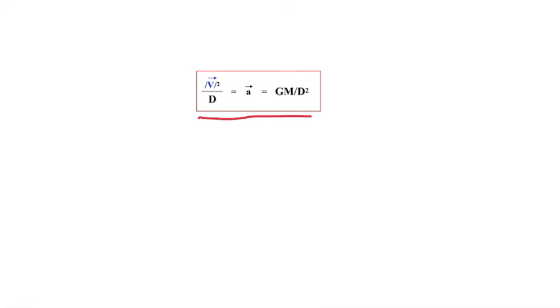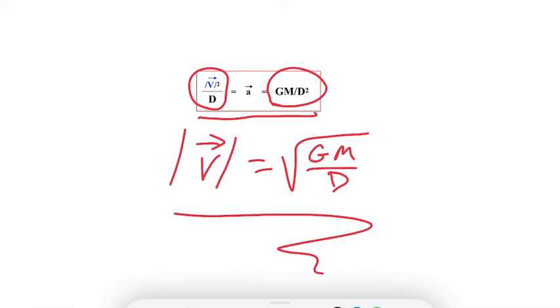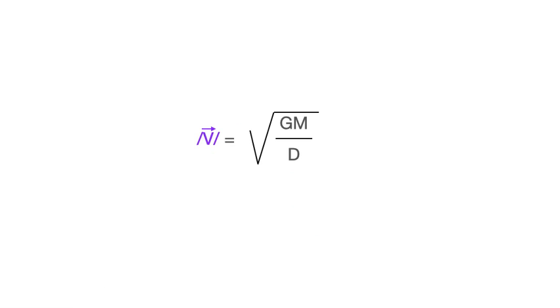So this is a very important finding, and notice that if we take this expression here and this expression here, and we multiply both by d and take the square root, we get the absolute value of the velocity equals the square root of gm over d. It turns out that this formula right here will be very useful to us later on when we consider non-circular orbits.